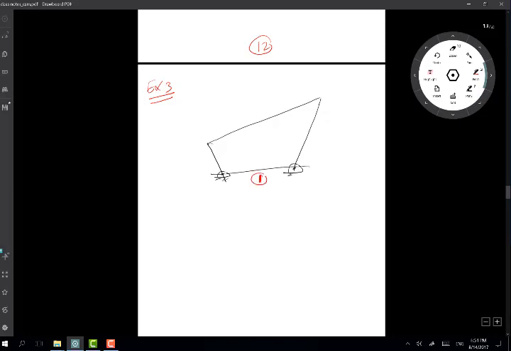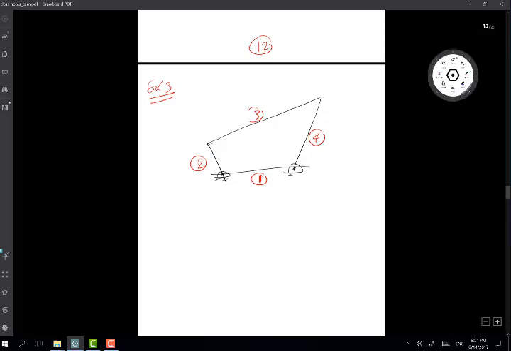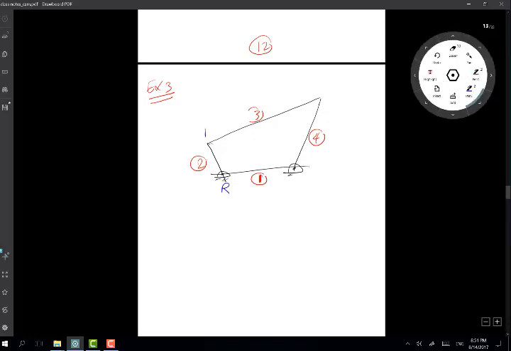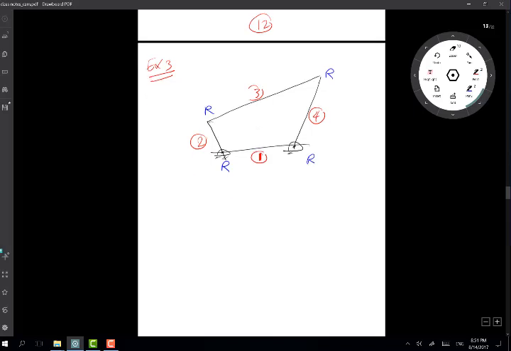I think I've done this problem before. So I have 4 links counting from 1 to 4, and I have 4 revolute joints, R, R, R, R. Then N is equal to 4, something I'm repeating from a previous lecture, and R is equal to 4.